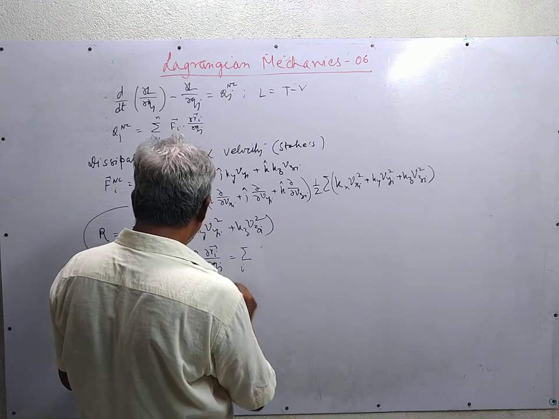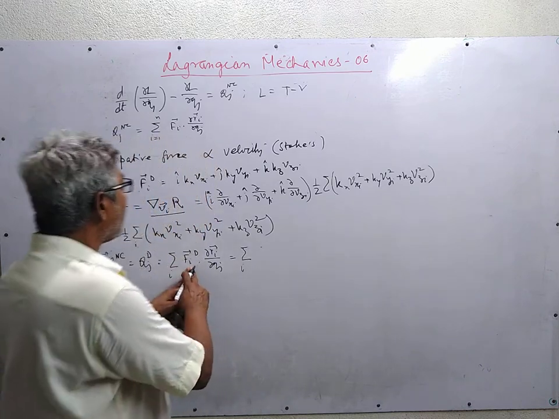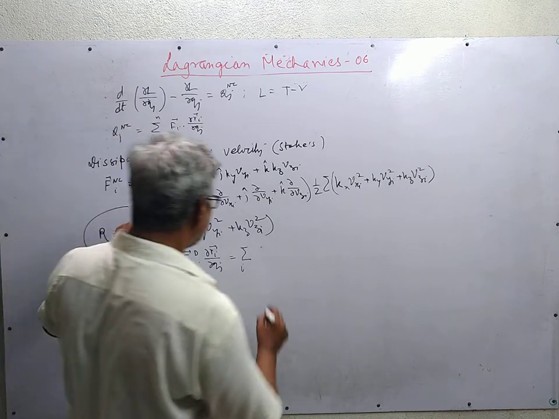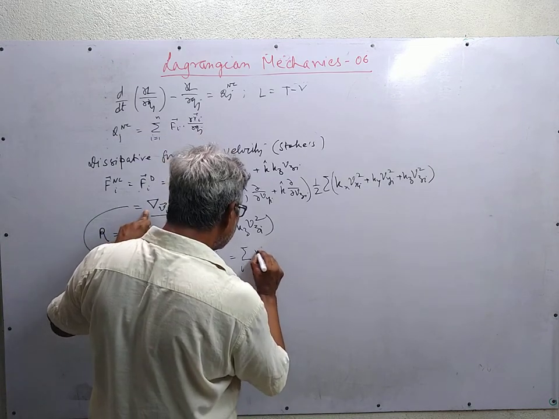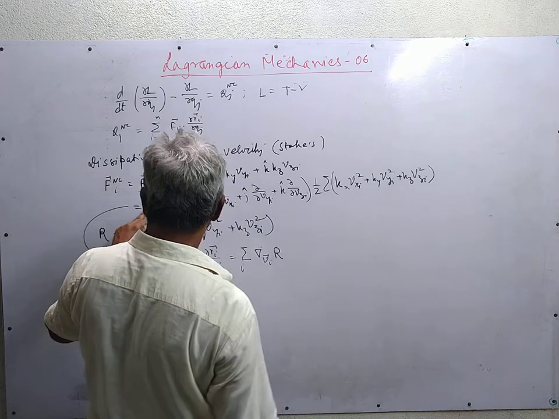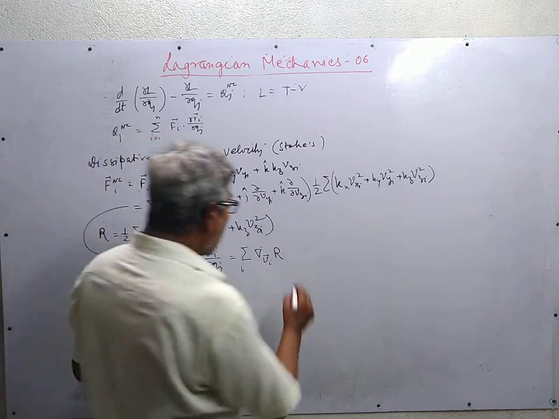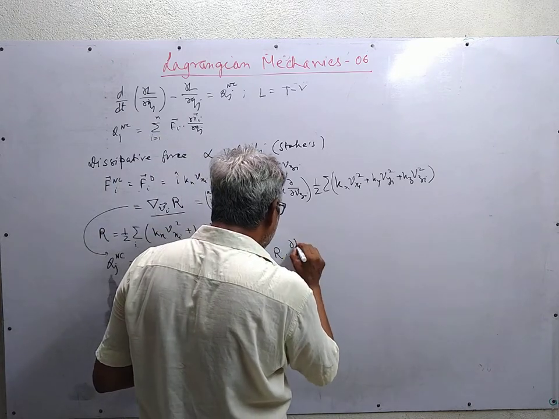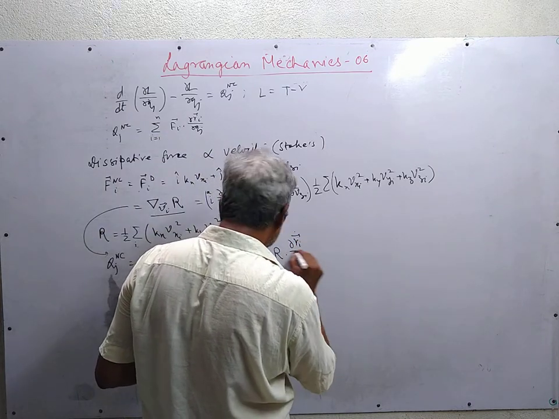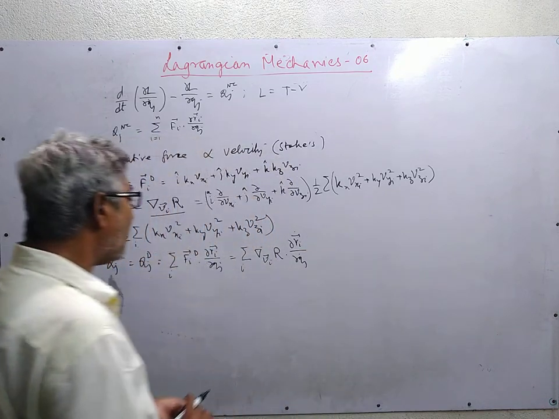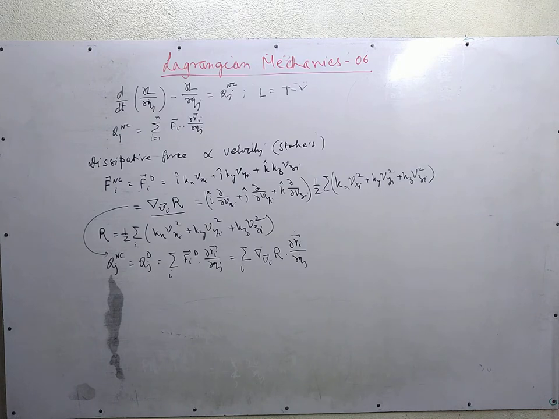Fid we have written in terms of the Rayleigh dissipation function, and del Ri del Qj is, as we have proved earlier, equal to del Ri dot del Qj dot.